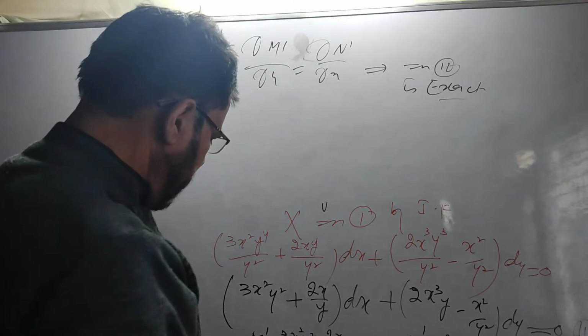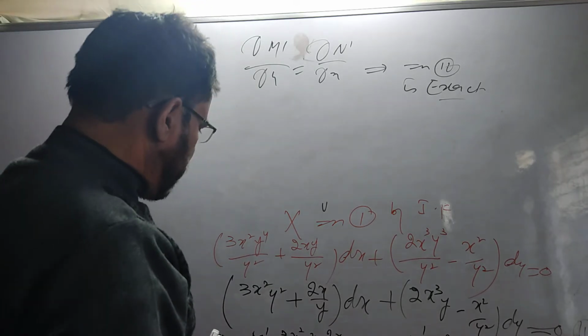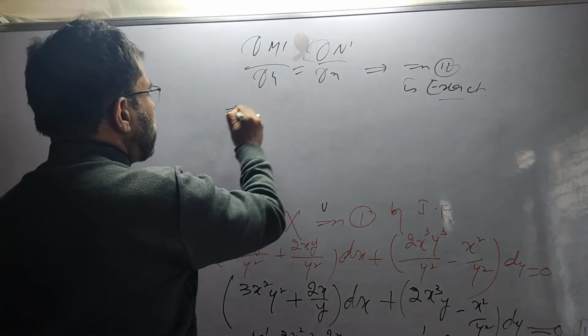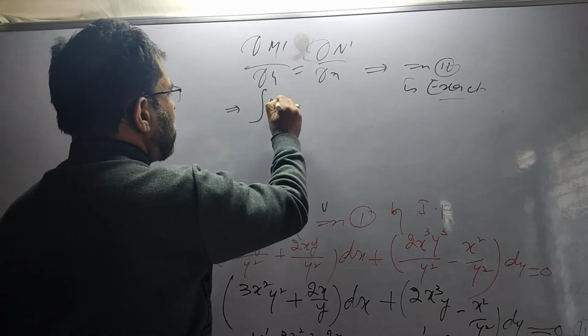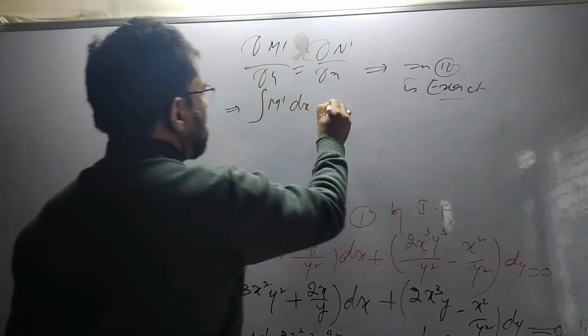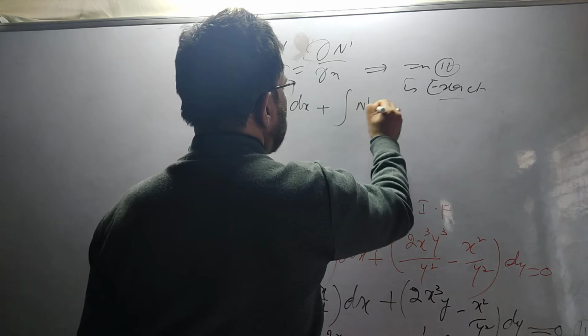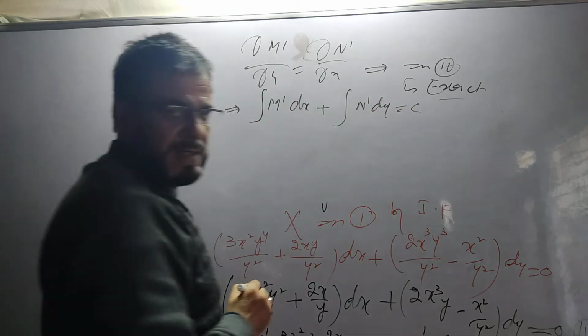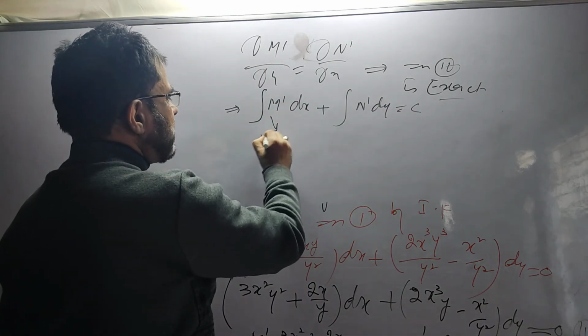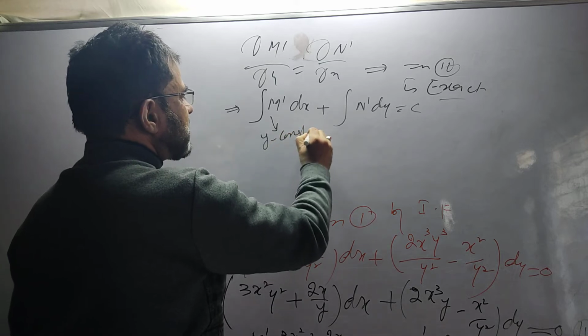This is exact. When it is exact, what is the solution? The solution is the integral of M dash dx plus the integral of those terms of N dash which are free from x, dy, is equal to c. Here we treat y as constant.